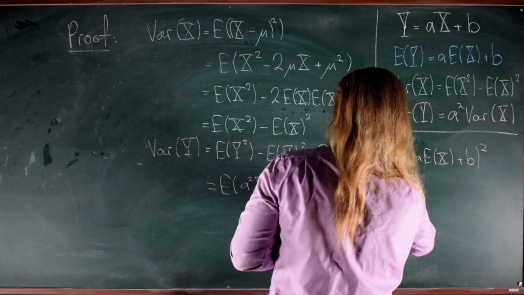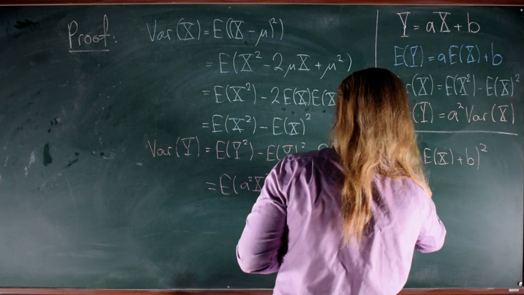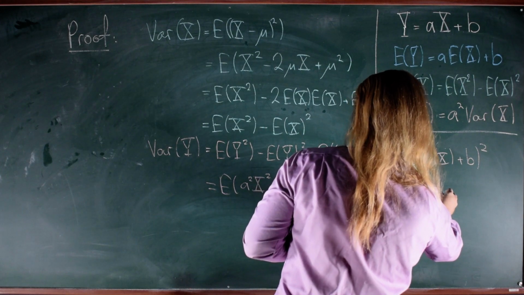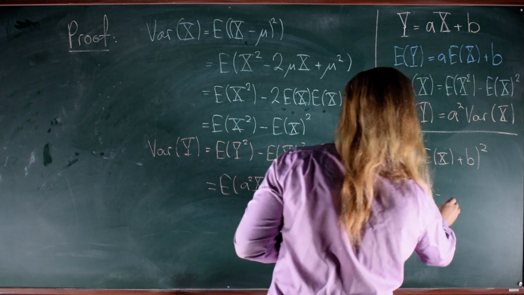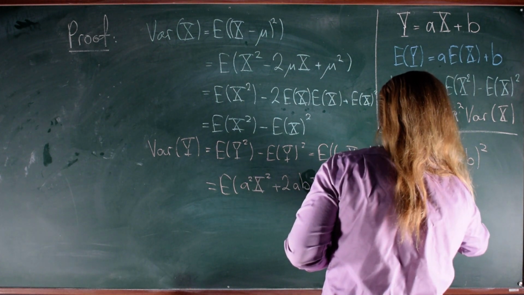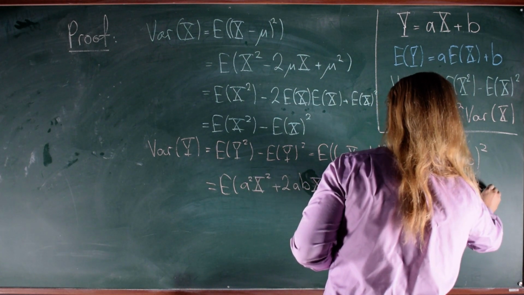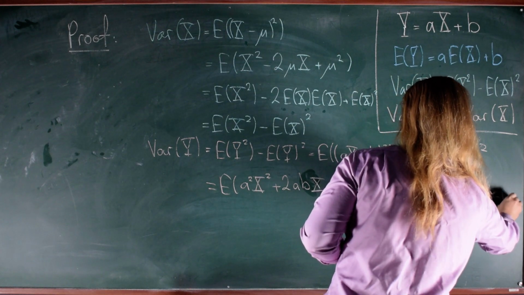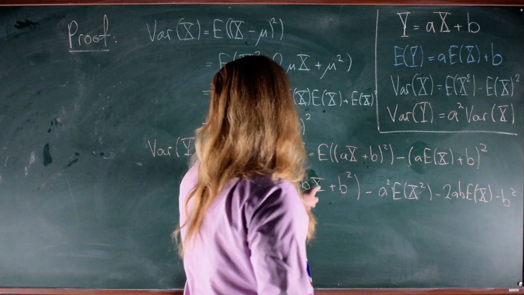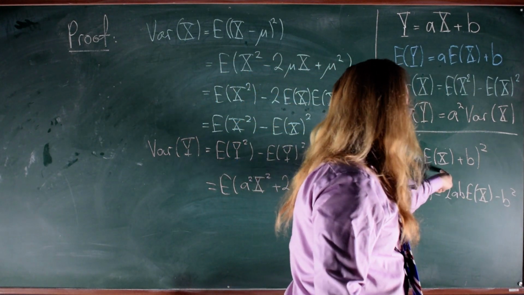And then minus a squared, the expected value of x squared, minus 2ab, expected value of x, minus b squared. So this thing is from here, and these three terms are from here.